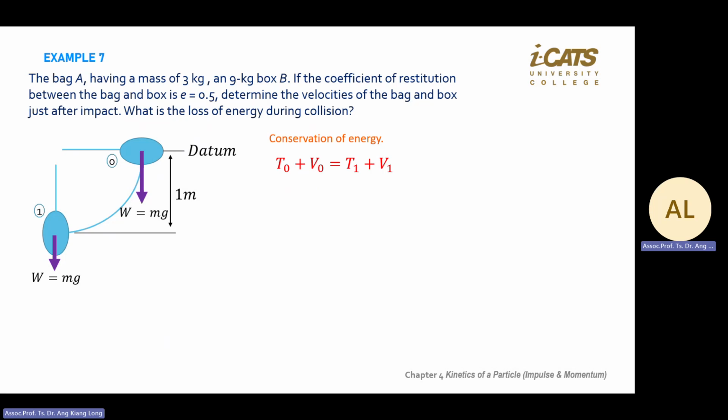If your diagram doesn't have mg, you use W. So you change the kinetic equation and potential equation. What is important is conservation of energy. Then you pull out, expand the equation, and then you just substitute the values that you know. Always establish the general equation, then expand, get the general one, then you substitute.